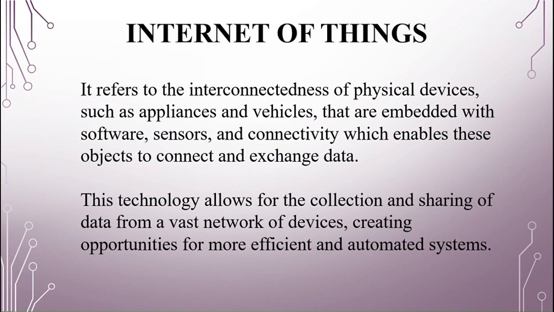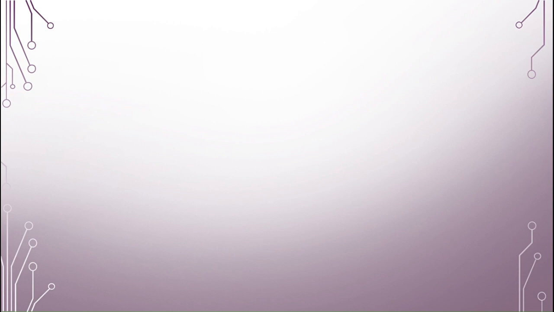The connectivity is used for transferring the data from the devices to the app, which enables these objects to connect and exchange data. This technology allows for collection and sharing of data from vast networks of devices. We can connect as many devices as we can, and we can interconnect this data also, so that we get lots of data and we can give an accurate result to the user.